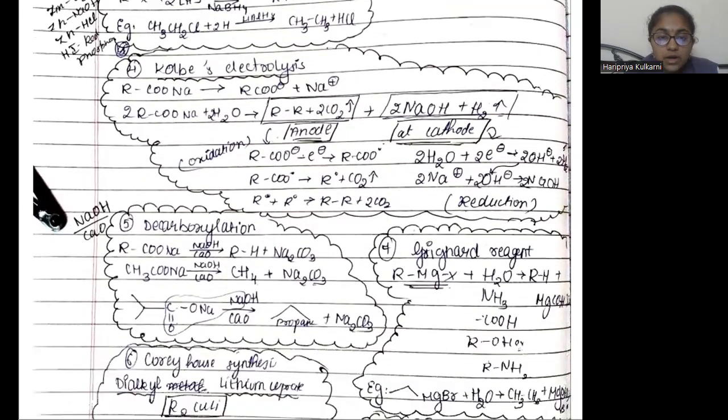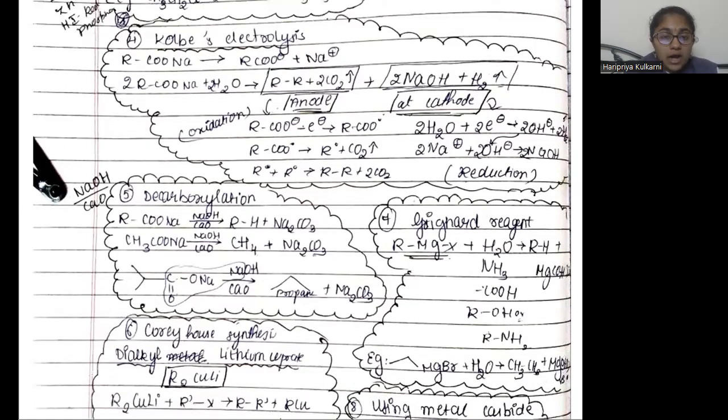Coming to Kolbe's electrolysis. So here we learn about RCOONa. First step is ionization, right? We ionize RCOONa: Na is plus, so RCOO minus. The next step, reacting it with water, electrolysis.